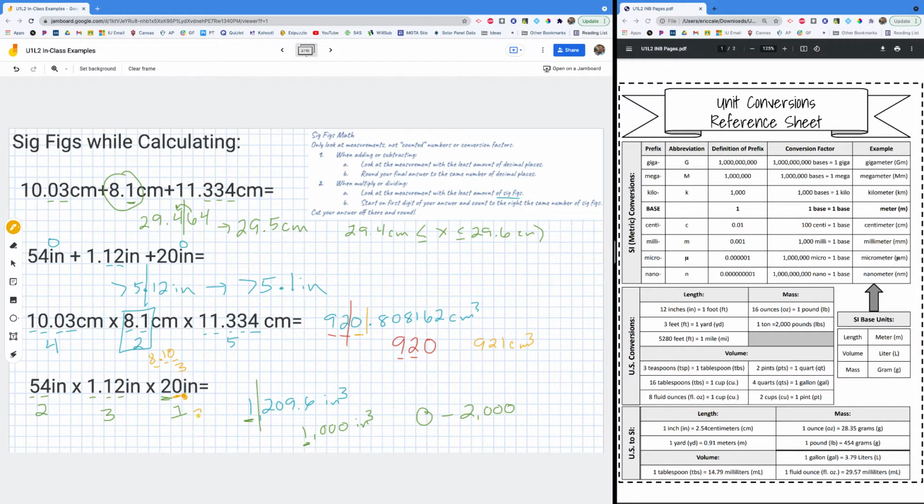So maybe this was 2 sig figs, and we would round here. That would just round to 1,200, which is a little bit more precise, it gives us better data than just 1,000, and that means that we would be somewhere between 1,100 to 1,300, which gives us a much smaller degree of uncertainty, right? We got a much smaller range to look at here.